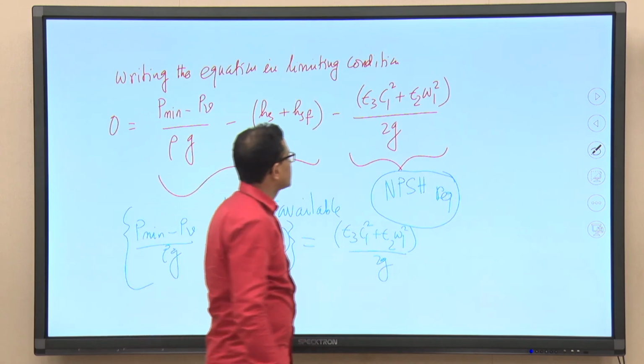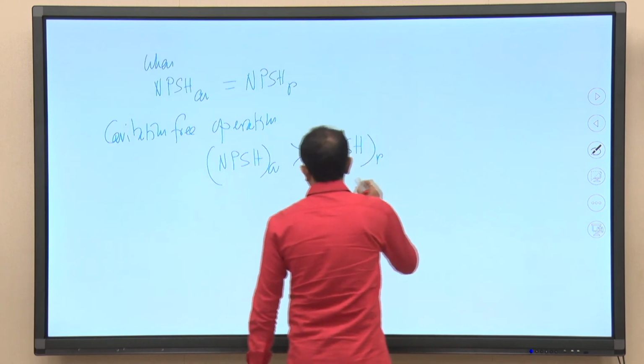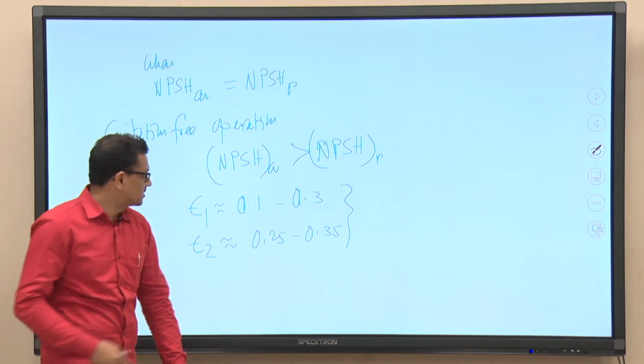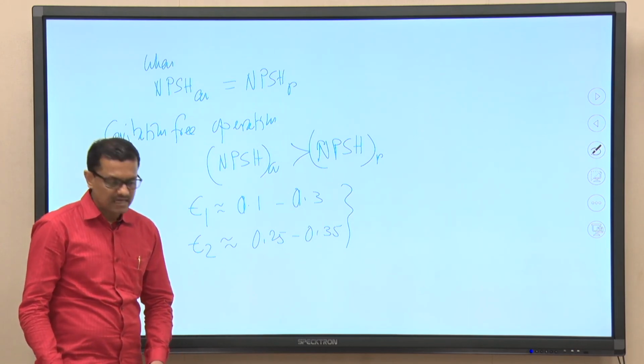Typically epsilon 1 varies from 0.1 to 0.3, and epsilon 2 varies from 0.25 to 0.35. If I am correct, these two parameters vary in this range, and these two are obtained from experimental investigation.